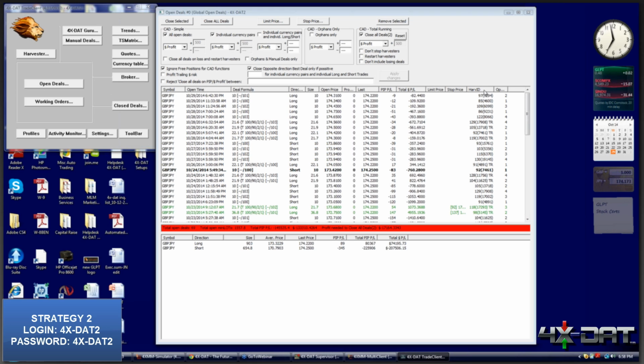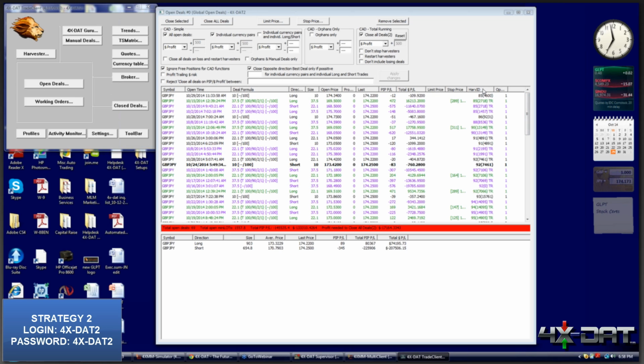In fact, if I were to sort my harvester ID column by the number, then you see that, for example, harvester number 85 has 4 trades open, and they vary in sizes, as you can tell.